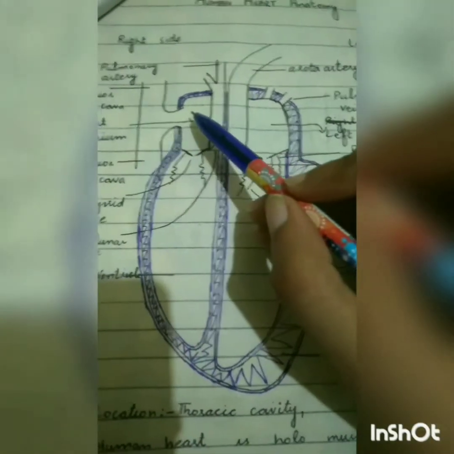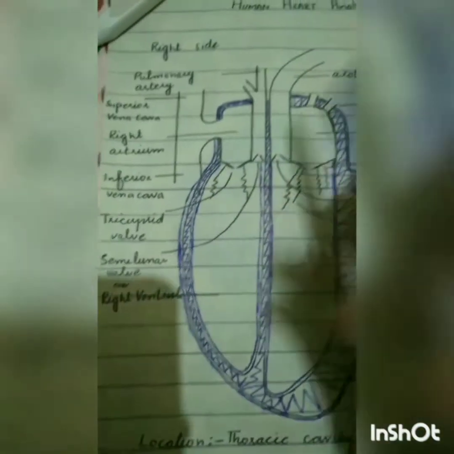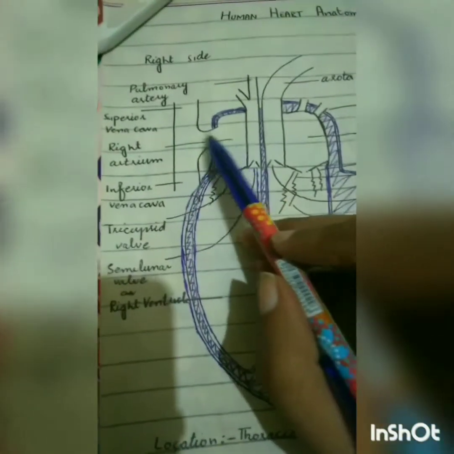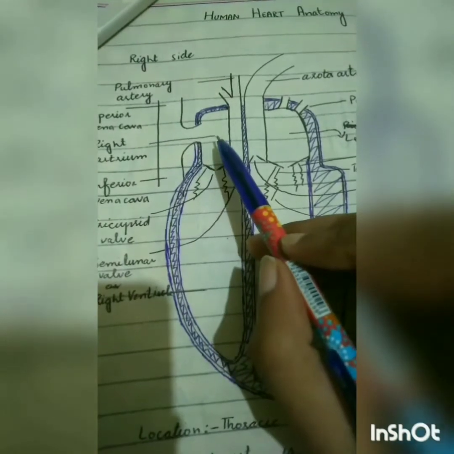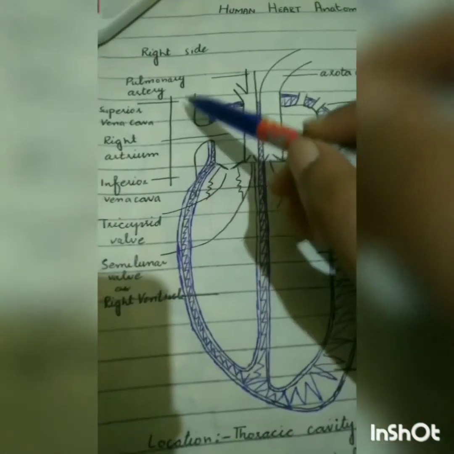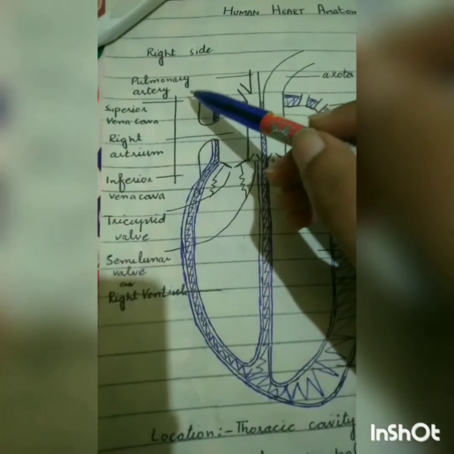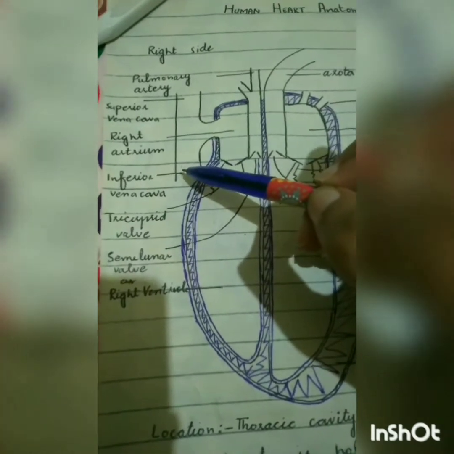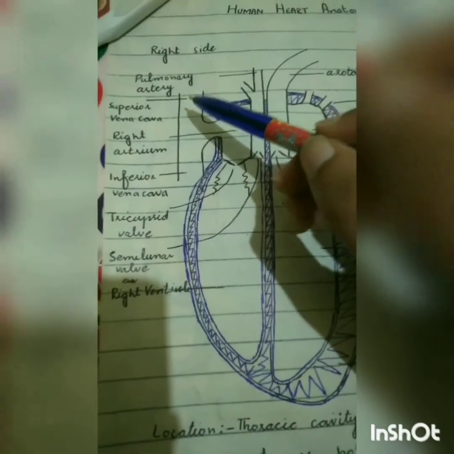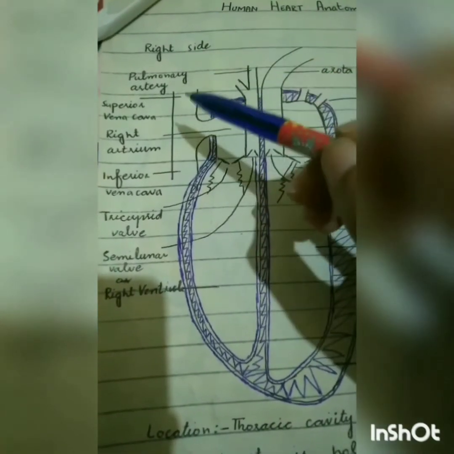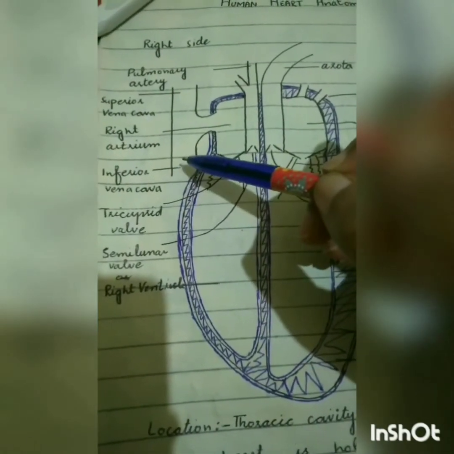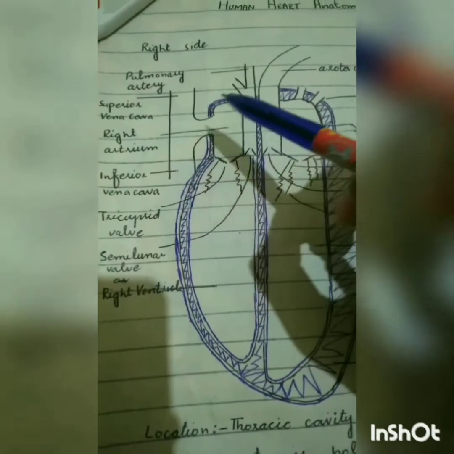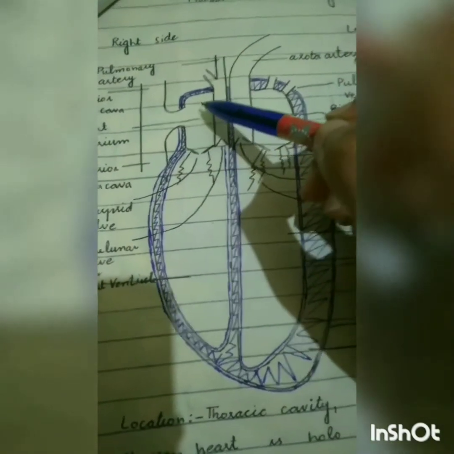On the other hand, in the right atrium, a single vein called the vena cava drains deoxygenated blood from the whole body into the right atrium. The vena cava is divided into 2 parts called the superior vena cava and the inferior vena cava. The superior vena cava drains deoxygenated blood from the upper part of the body, and the inferior vena cava drains deoxygenated blood from the lower part of the body into the right atrium.